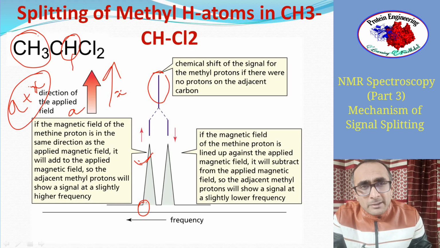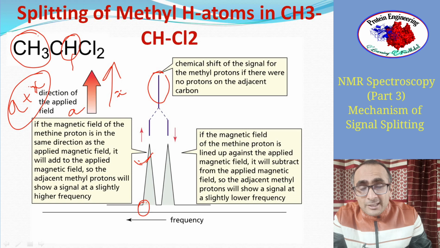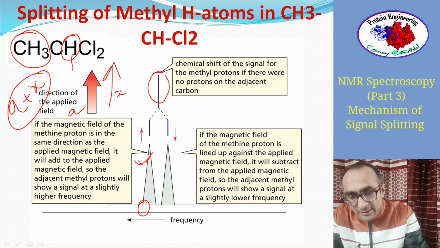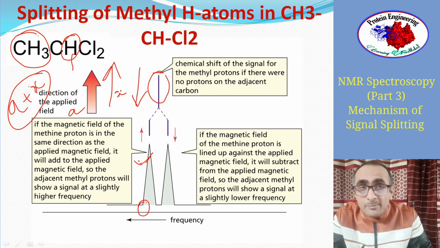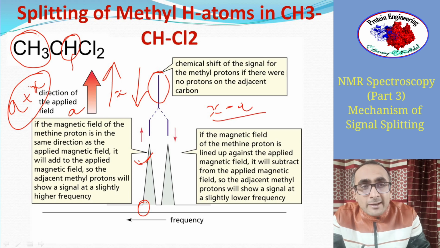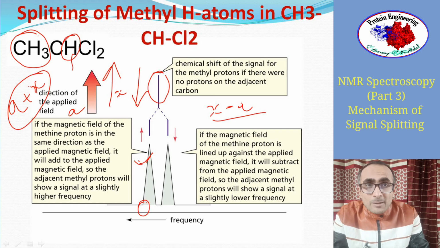The second possibility is that this magnetic moment of the CH proton may align to the negative side, I mean the opposite side of the applied magnetic field. In that case, the magnetic field felt by the CH3 protons would be X minus A, where X is the applied magnetic field and A is the magnetic field created by the proton, which is oriented in the opposite direction of the applied magnetic field.